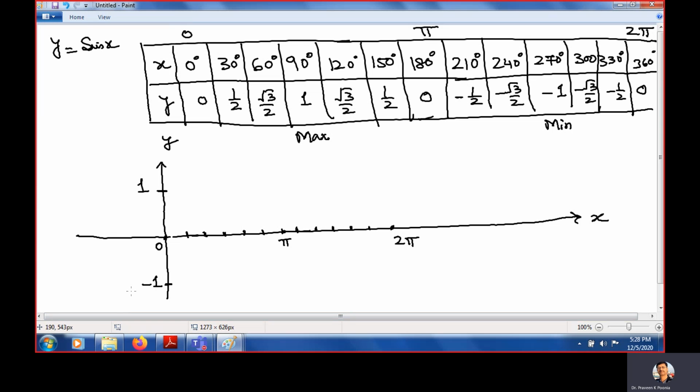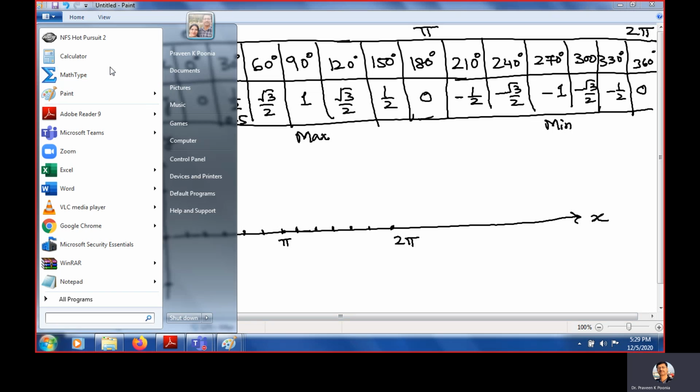Clear? So if you see here, 30 degree, if you calculate it in decimal, is 0.5, and root 3 upon 2 we need to calculate.